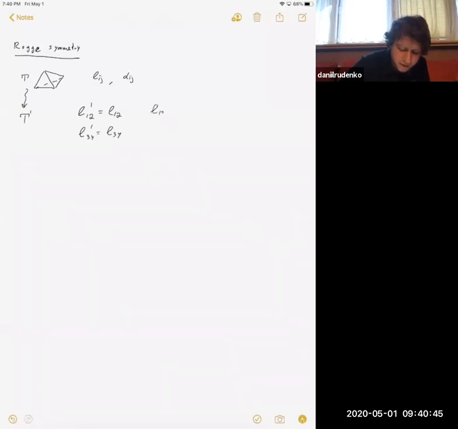For the remaining lengths, there is a relation: L13 goes to (L12 + L23 minus L13) over 2, so there is a reflection. If I denote by P the sum of all other lengths of edges, then for the remaining ones I just do this reflection.